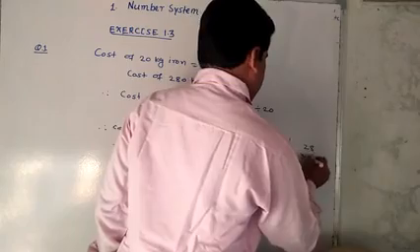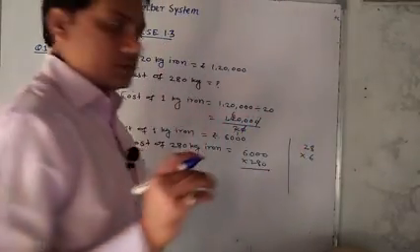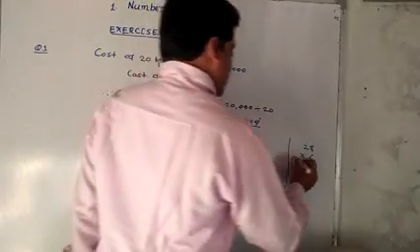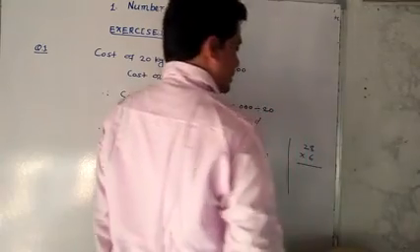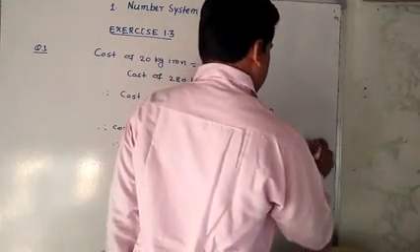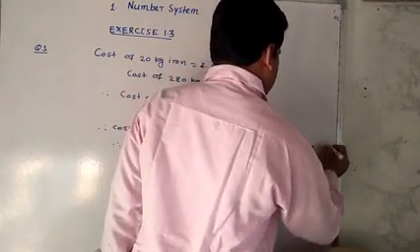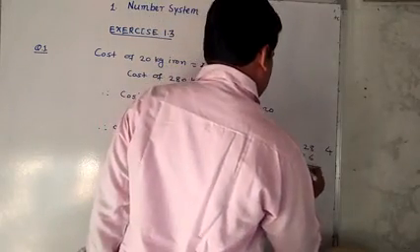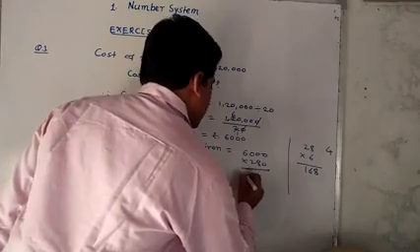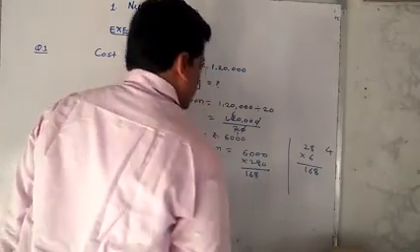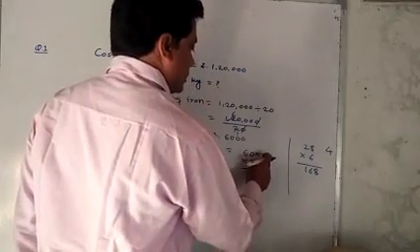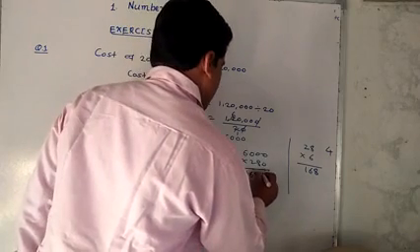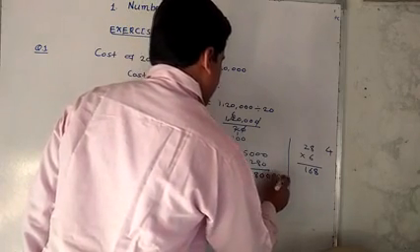We cannot consider the 0s, so 28 into 6. 6 8s are 48, 8 carry 4. 6 2s are 12, 12 plus 4 is 16, means 168. Now count the 0s: 1 2 3 4.